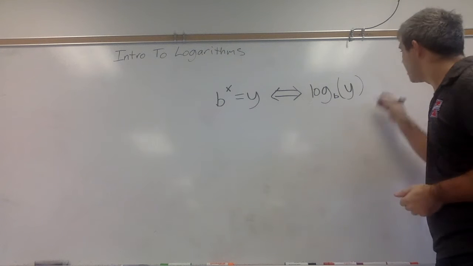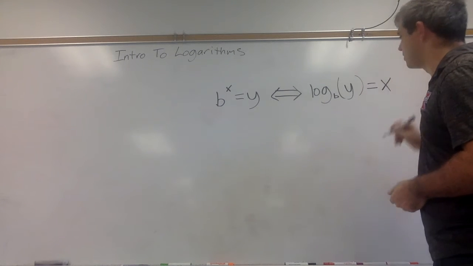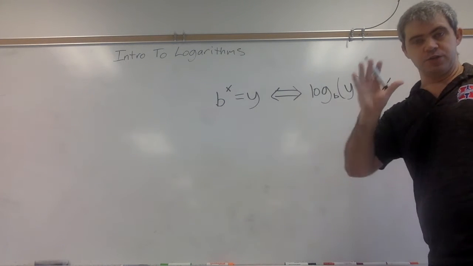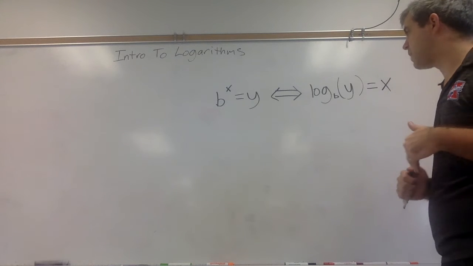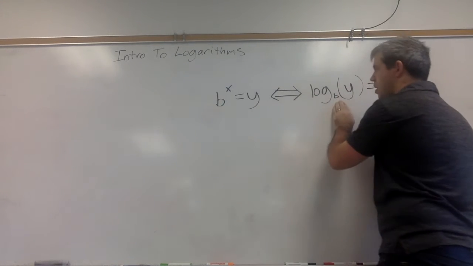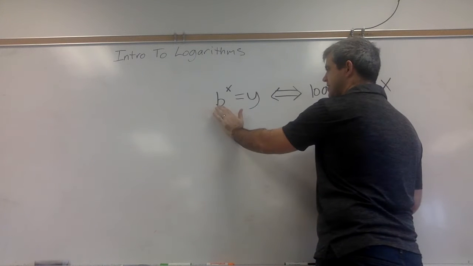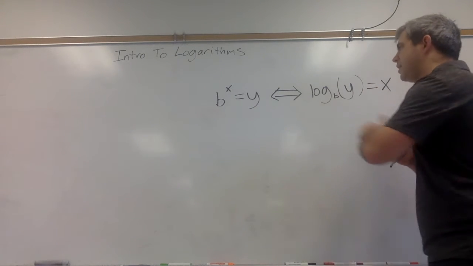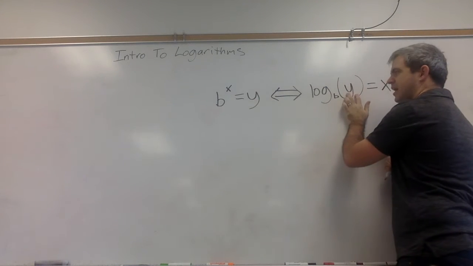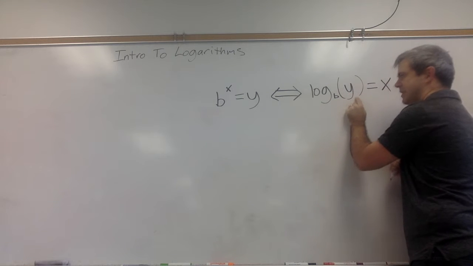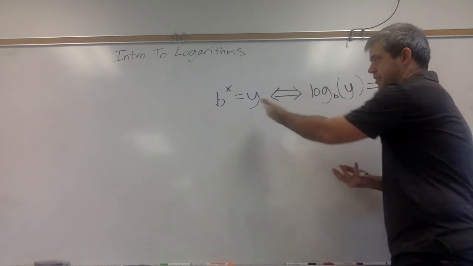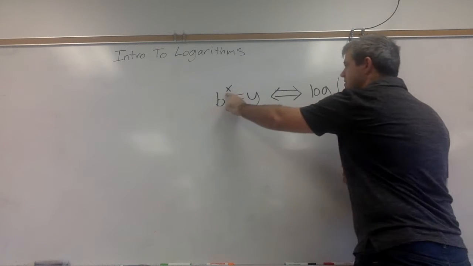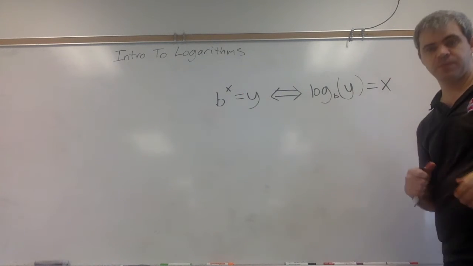Now, what power is it? Well, that's what I'm trying to find with my logarithm. So let's bring this back. This logarithm has the same base as this, but the result of my exponentiation goes inside, the answer part of this. And my exponent is what I'm solving for.